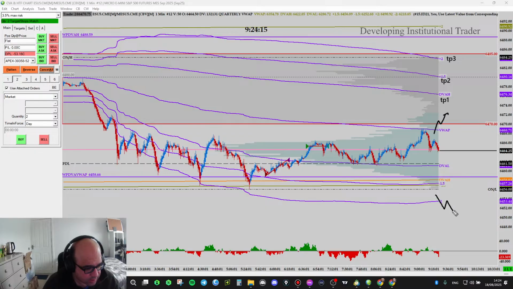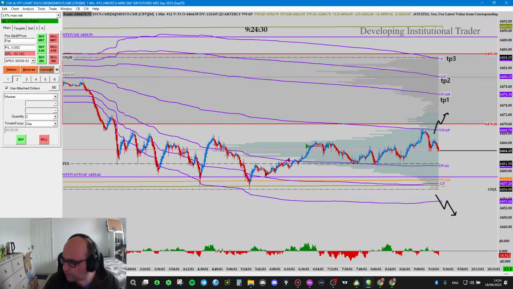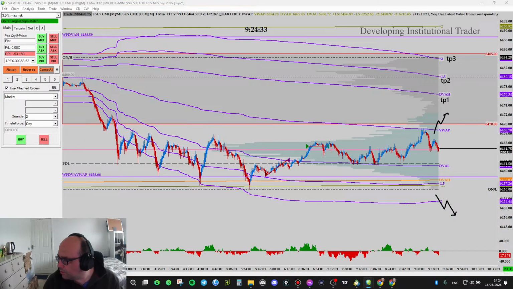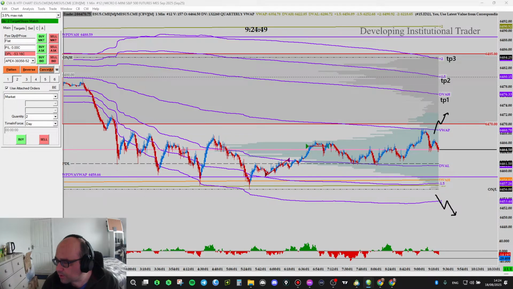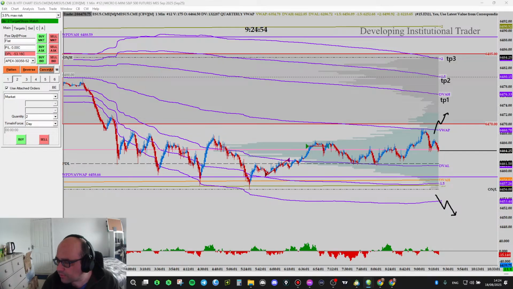There's a level here, it's Thursday's low, and I'm looking to short down to 64.34, which is the yearly plus 1.5. 64.31 has a CVA high below, possibly around 64.35, 64.36.